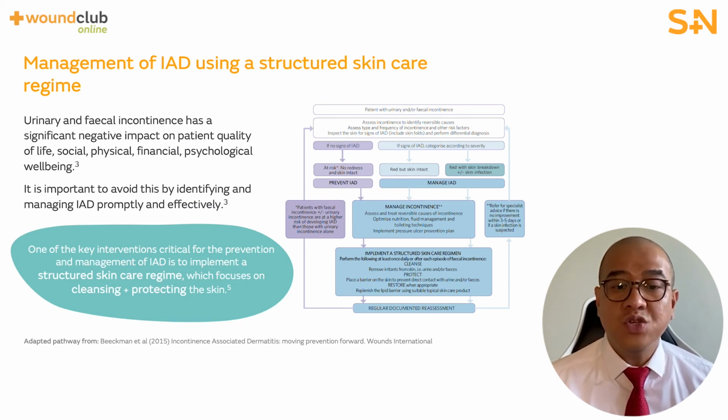Prevention of IAD should be aimed at all incontinent patients with the aim of promoting positive outcomes and avoidance of patient injury and harm. And again, if it is appropriate, please include your patients in decisions about their care. An example of a skincare regime can be seen on the screen now.